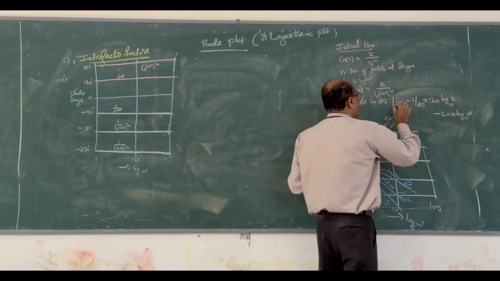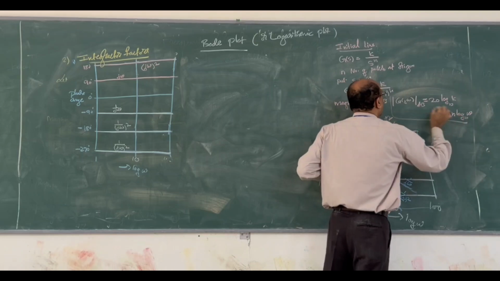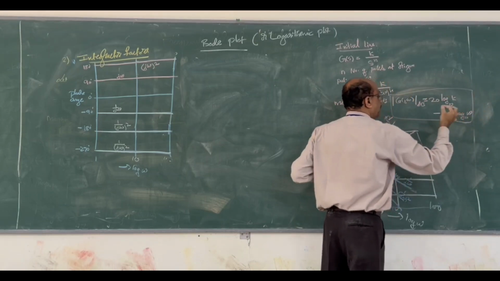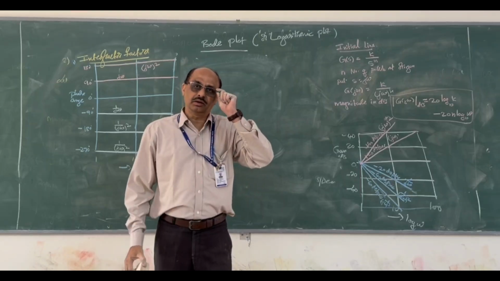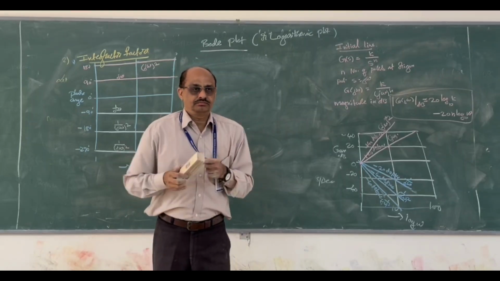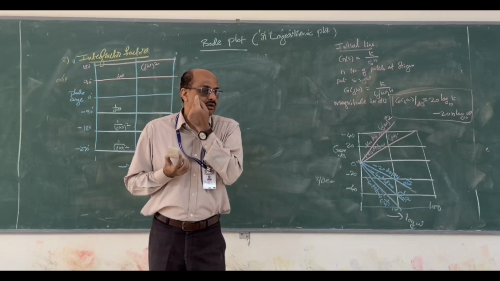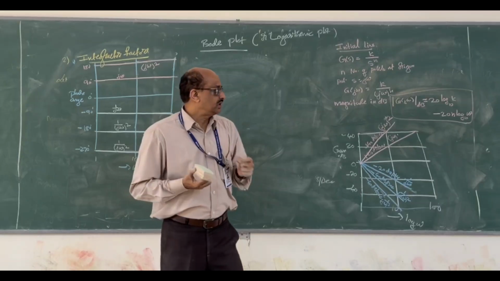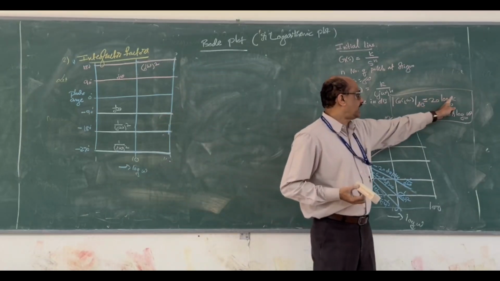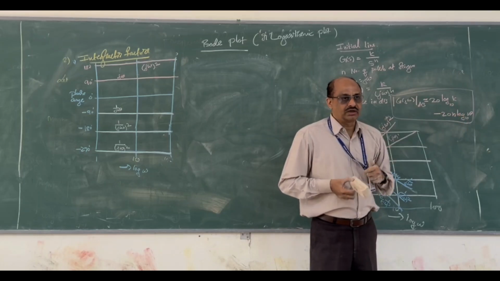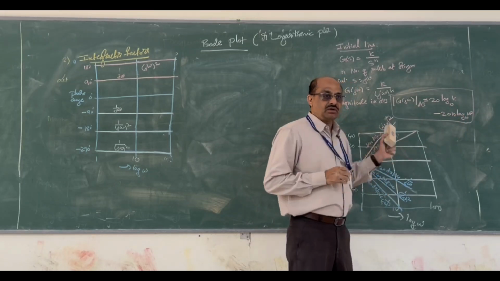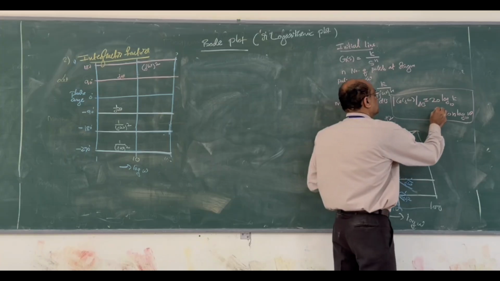So this is the equation for the gain in dB due to the initial line. The contribution is because of the gain as well as the poles at origin. Now if I have zeros at origin, this becomes plus.